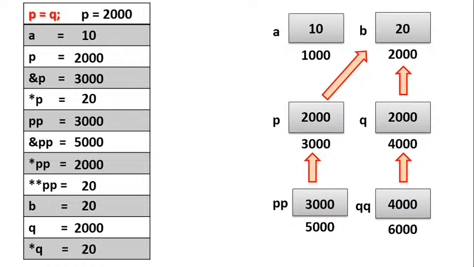How many of you got it right? So what is basically happening is, instead of pointing at A, this pointer P is pointing at B, that's it. Rest everything will remain same.